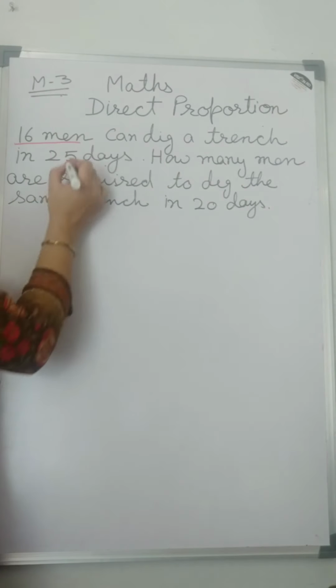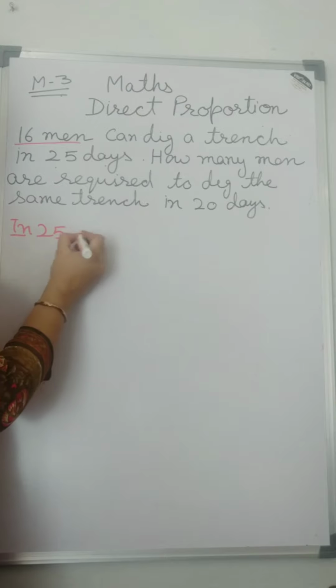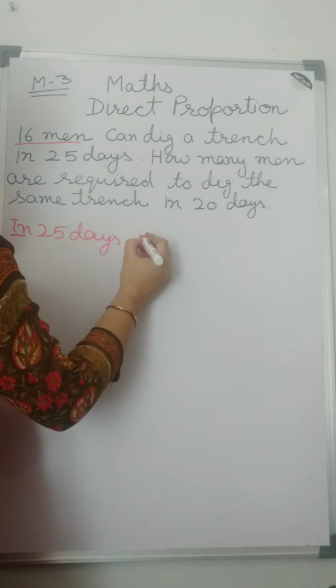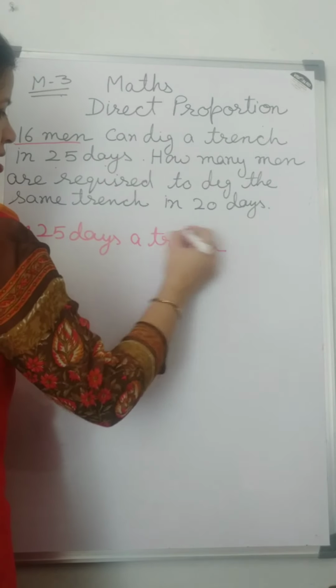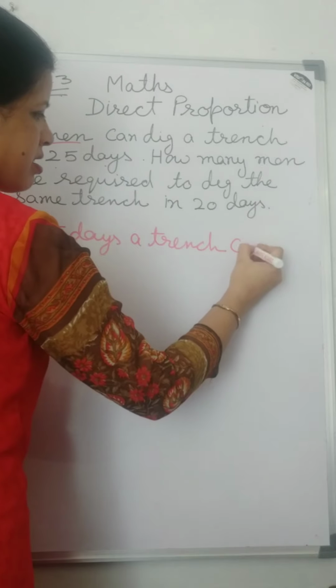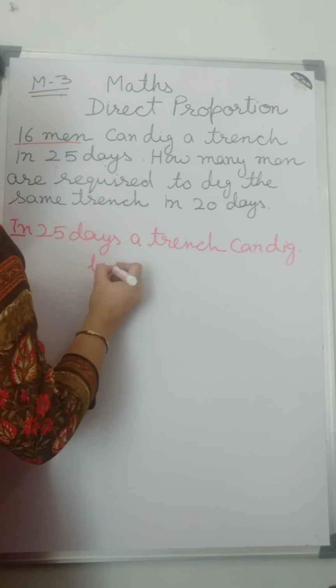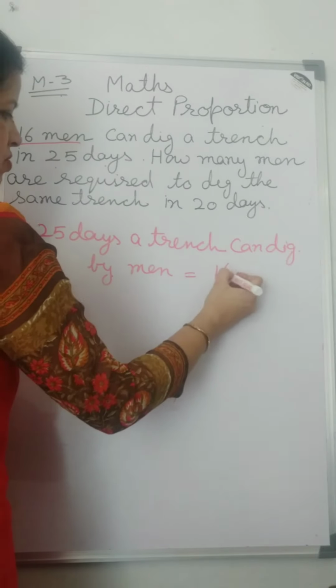So we write, in 25 days a trench can be dug by men equal to 16.